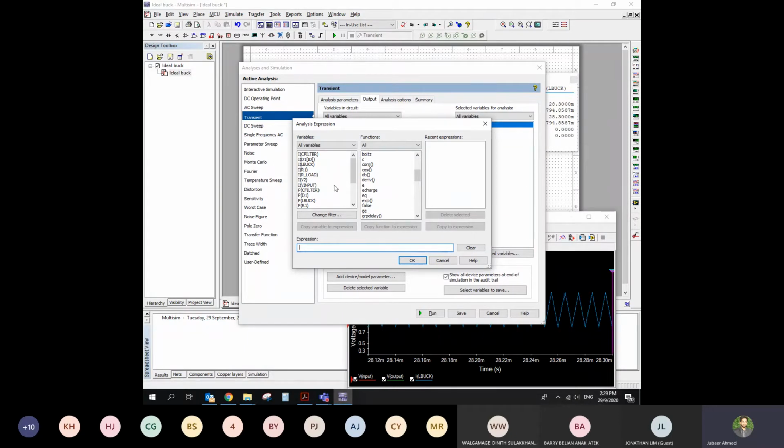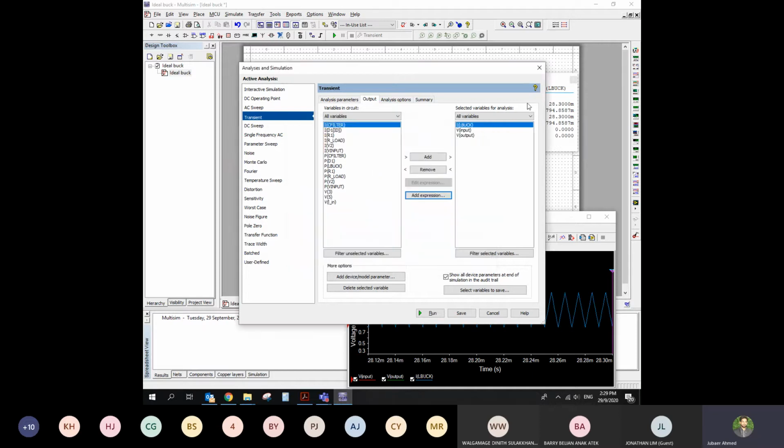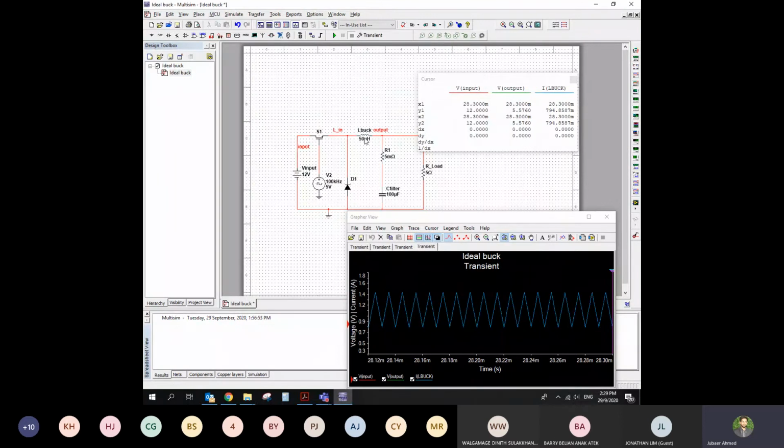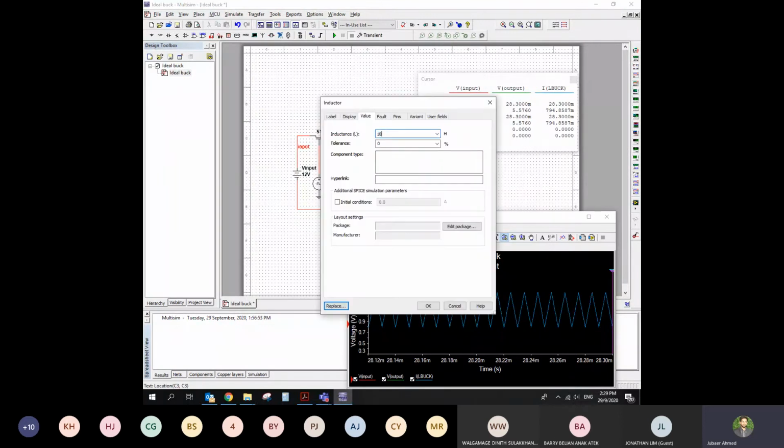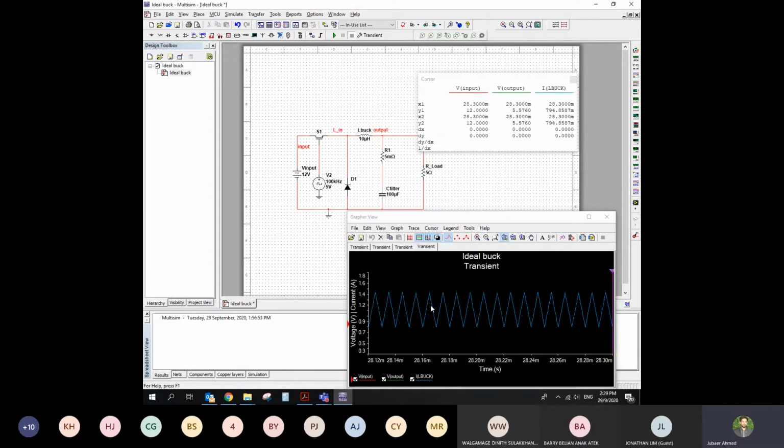Different functions let you find different outputs from different parameters of the converter. Now let's put in a different value: instead of 50 micro, I'm going to 10 micro. Let's resimulate it.